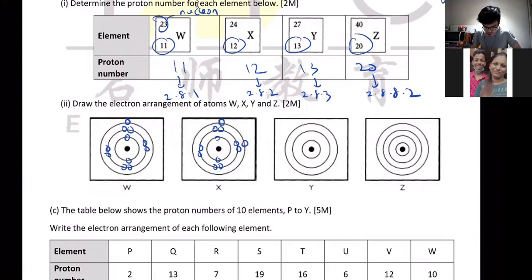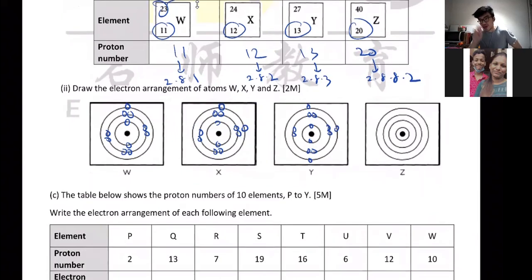So 2.8.3. Okay, 2, 8, 3. They will fill up the 3 rooms first. Only then will they fill up the 4th room. And then if the 4th room is taken, they will repeat again. So 2.8.8.2, it's 2, 8, 8, 2.